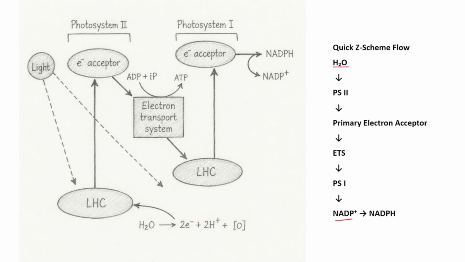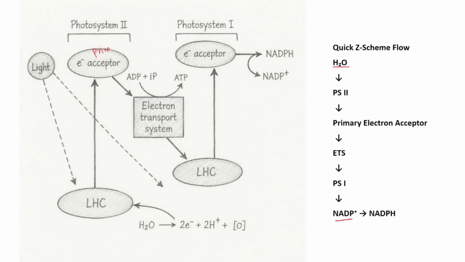Water donated electron during photolysis to the reaction center of Photosystem II to replace the electrons lost by Photosystem II. When the light hits the reaction center of Photosystem II, the electrons get excited and go to primary electron acceptor.